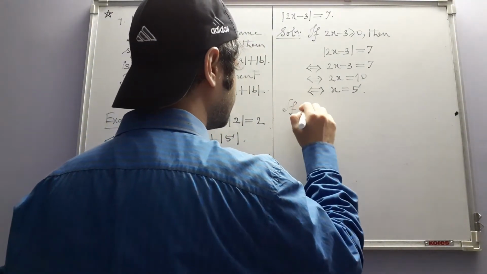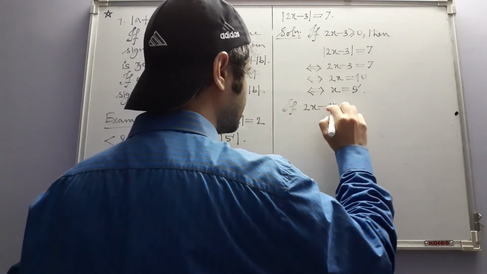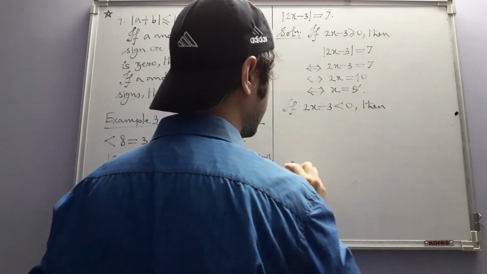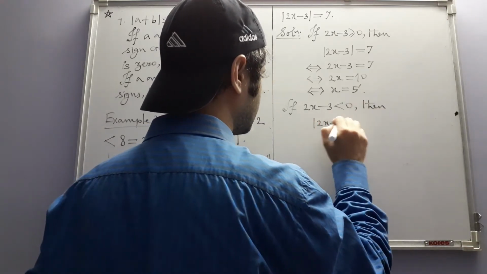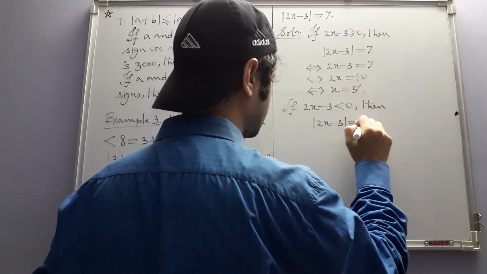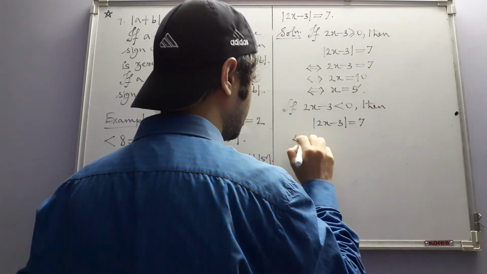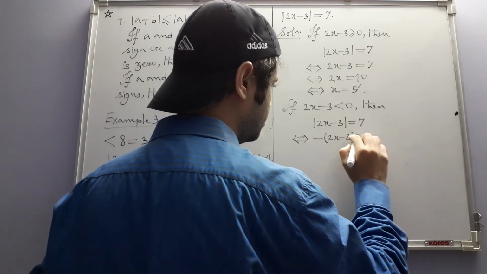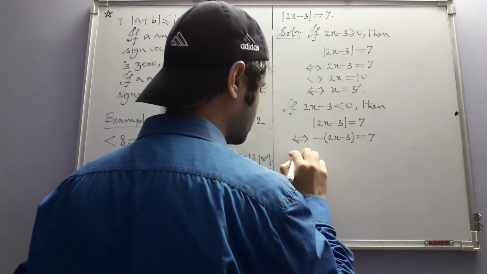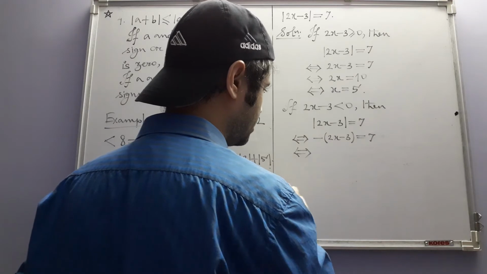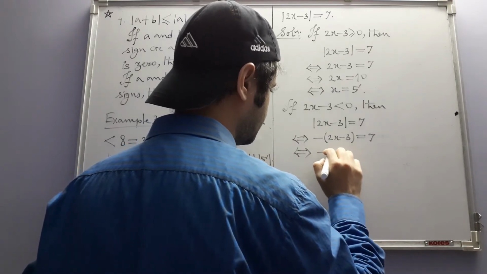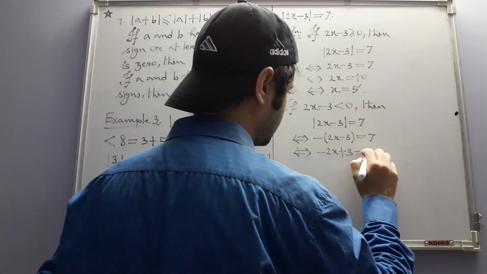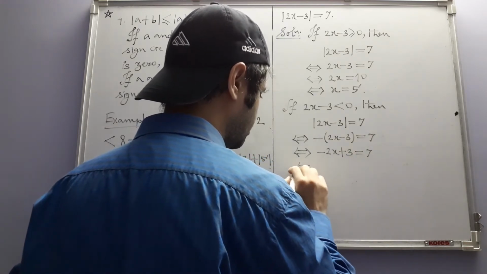However, if 2x minus 3 is less than 0, then this is equivalent to minus of 2x minus 3 equal to 7, which in turn is equivalent to minus 2x plus 3 equal to 7.